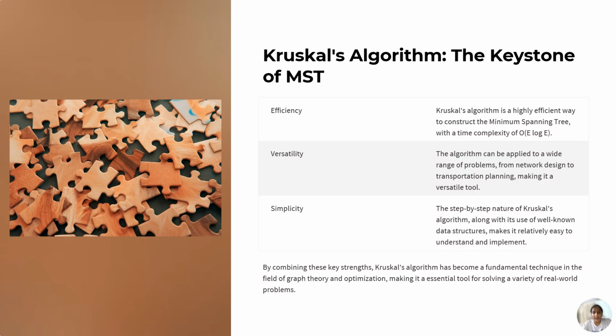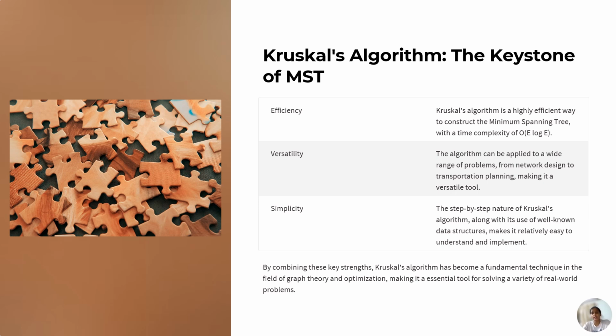Coming to the end, efficiency: Kruskal's algorithm is a highly efficient way to construct the minimum spanning tree with a time complexity of O(E log E). Versatility: the algorithm can be applied to a wide range of problems from network design to transportation planning, making it a versatile tool.